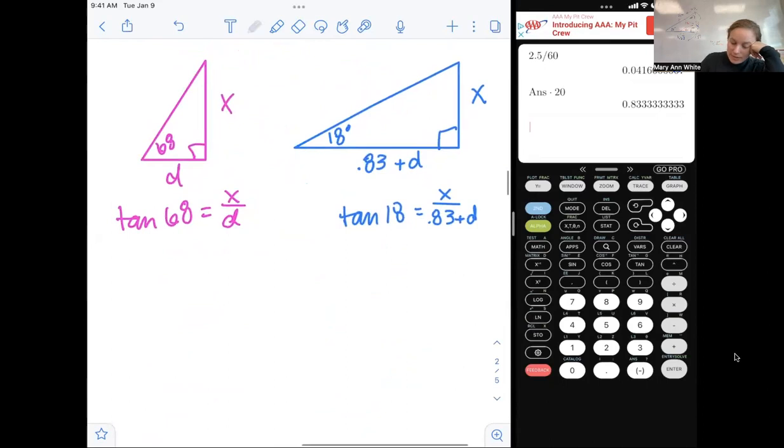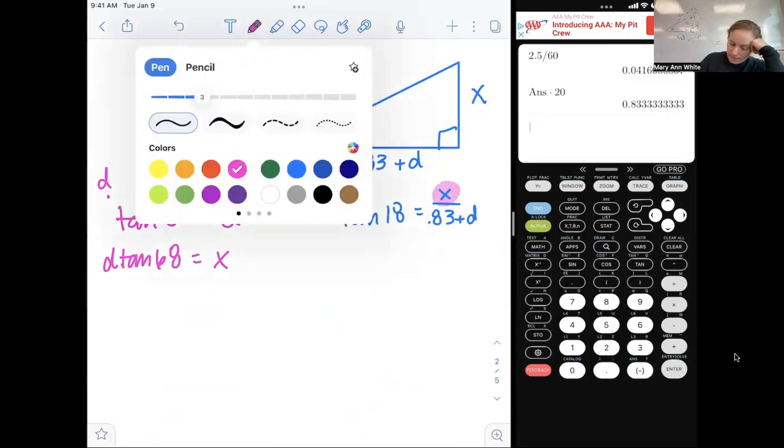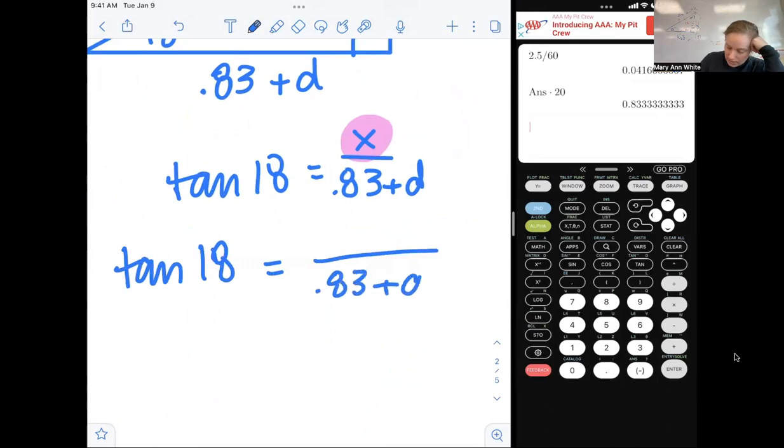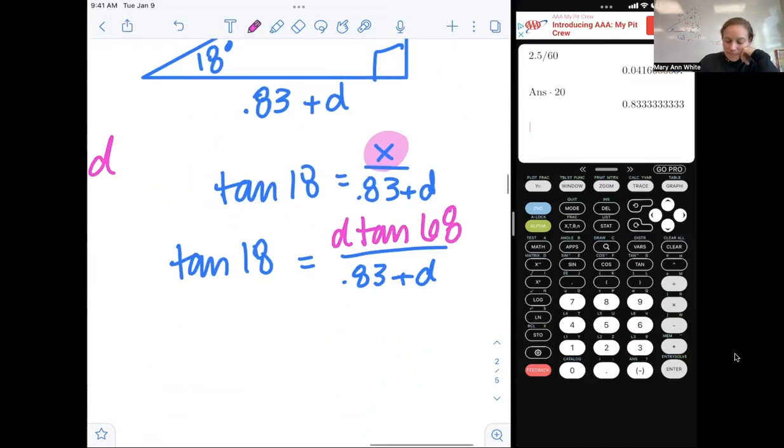I'm going to have to use my substitution. So let's multiply by D on both sides. So I get D tan 68 equals X. And then we're going to substitute that in for this X. So tan 18 equals 0.83 plus D, and that is all underneath D tan 68.